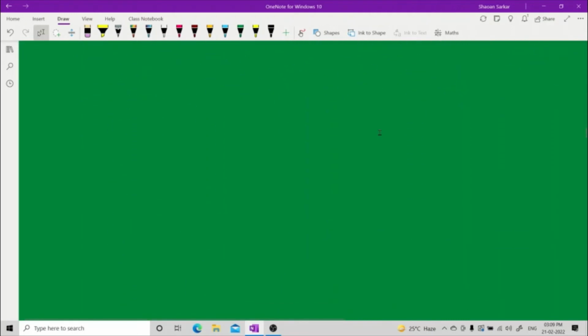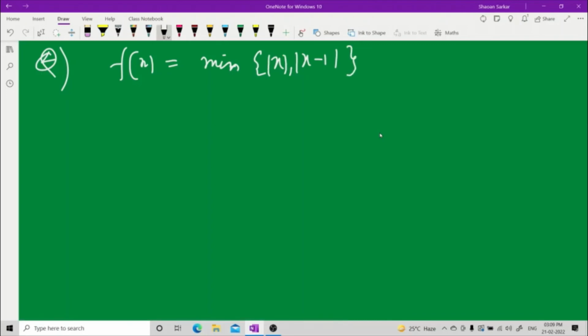Now a different sort of function I will show you. Suppose this is another question: f(x) is the minimum of |x| and |x - 1|. In this case, I've already told you the |x| function will be something like this. Let's draw it like this: this is at x = 0 for the |x| function, and at x = 1 we will have this 1 here.